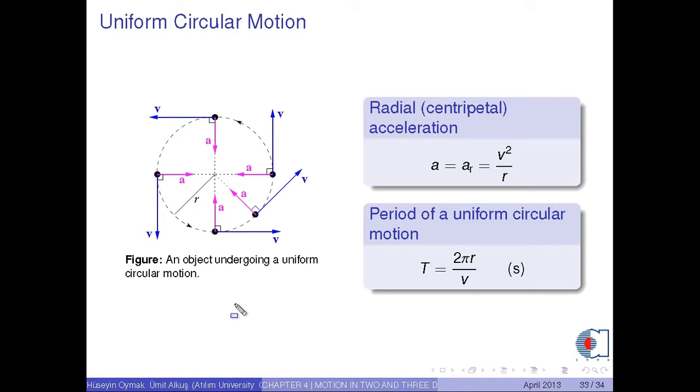Although its speed v is constant, the velocity vector v of the object does change because its direction changes continuously, as is seen in this figure. Since acceleration by definition is the change in velocity vector v in time, the object does continuously undergo an acceleration.